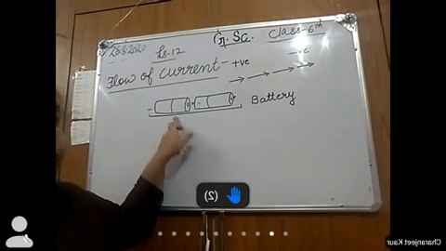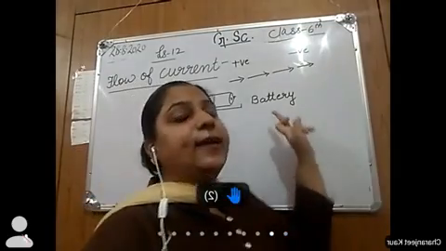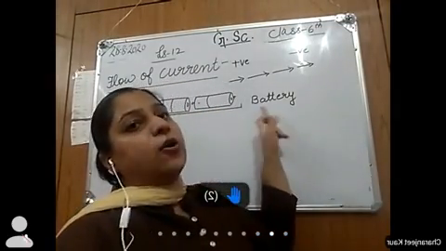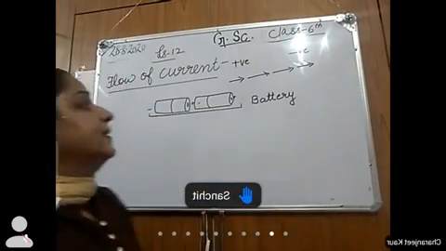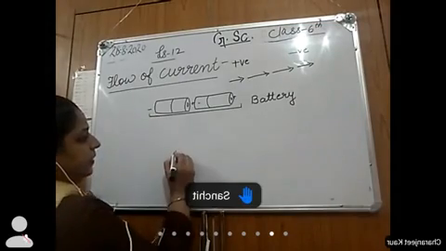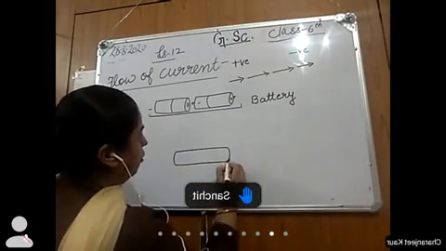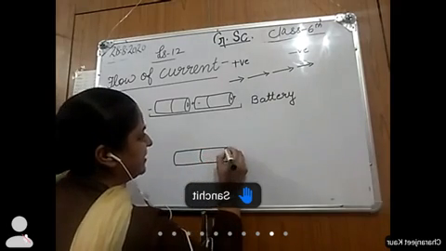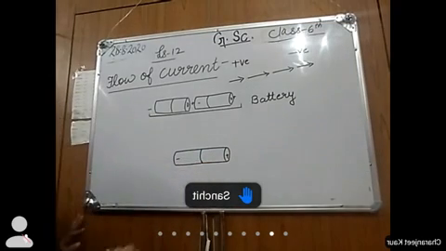If more than two cells are joined end to end, they are called a battery. Right? Then students, what will happen? Please listen to my question carefully. Suppose this is my cell. This is positive terminal, this is negative terminal.